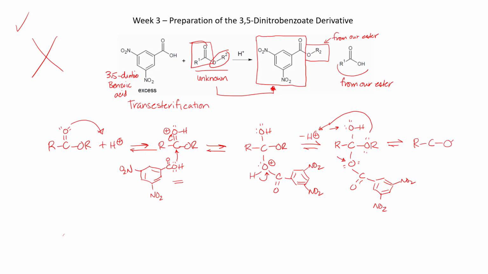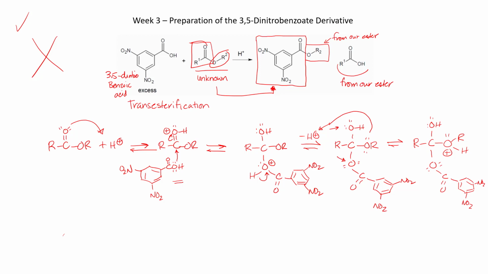So I'm going to form the OR group here with the H and a plus charge there. That's going to leave the OH up here. And then again, I'll have my 3,5-dinitrobenzoic acid part down here with my nitro group there and my nitro group here.